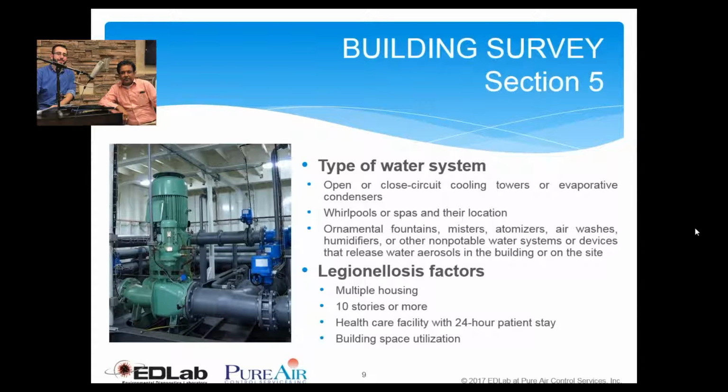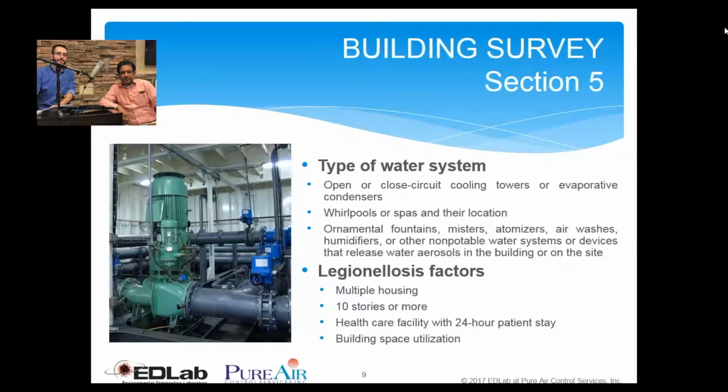What kind of water system a building can have, and what type of building it is, whether it is an open loop or closed loop, whether they have a whirlpool, fountain, or spa, or ornamental water fountains. And then there are several other aerosolizing devices or misters embedded in the building water system. So one can make sure what the structure of the building water system is.